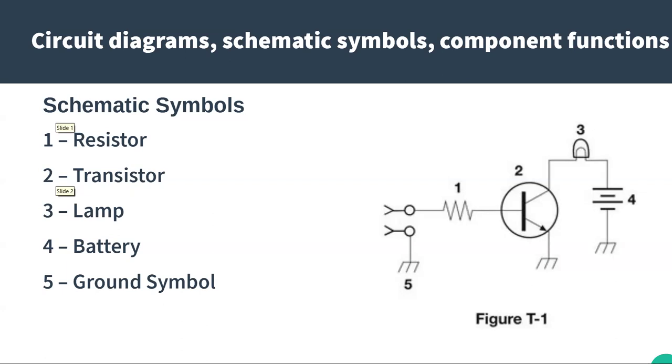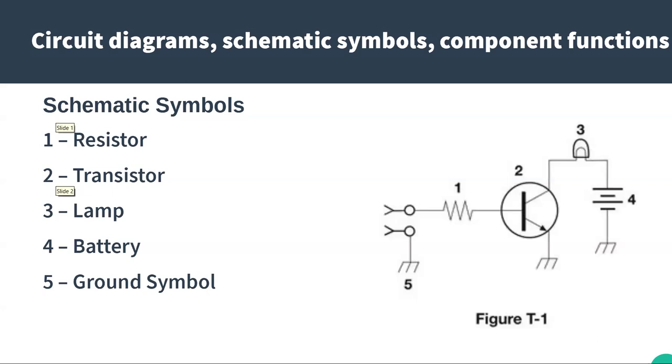Here are some typical schematic symbols. The first one there is the representation for a resistor, and it's normally the three squiggles. The second one is a transistor. It's actually an NPN bipolar junction transistor.